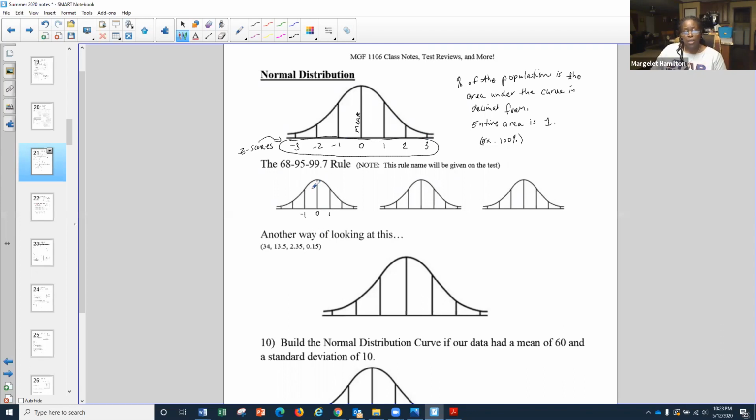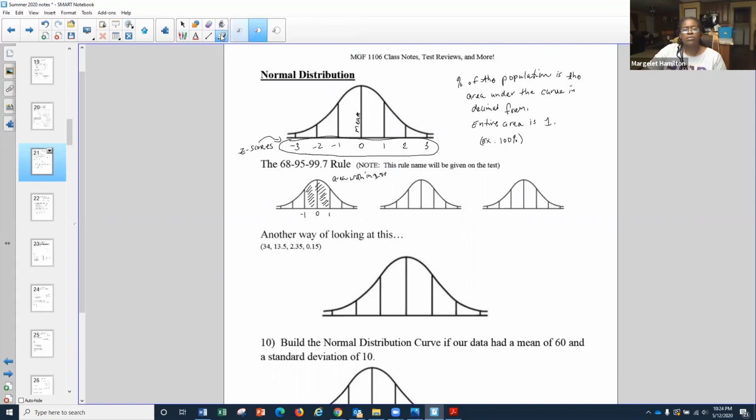So when we are talking about 68%, this area right here, here and here, underneath the curve, represents this area within 1 standard deviation.